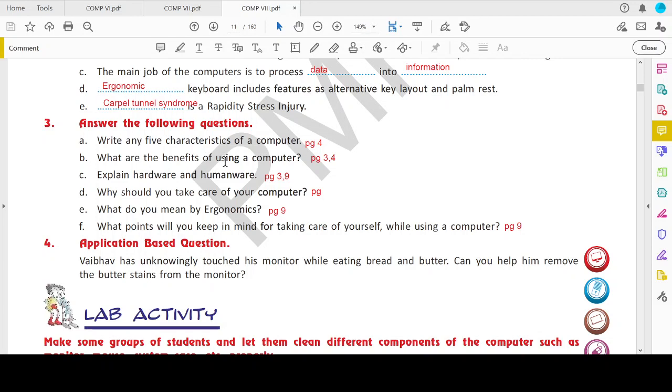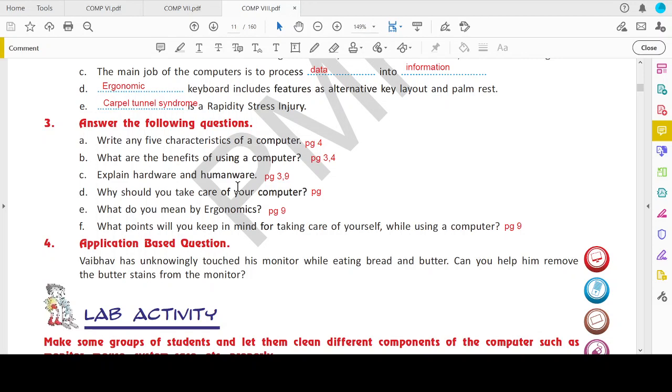Humanware is anything that is used by human beings. The human beings themselves are the humanware. The human users of the computer are the humanware, along with the working environment of the human user.